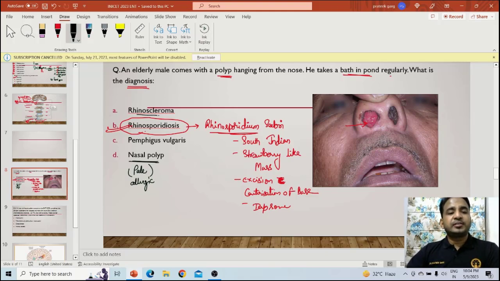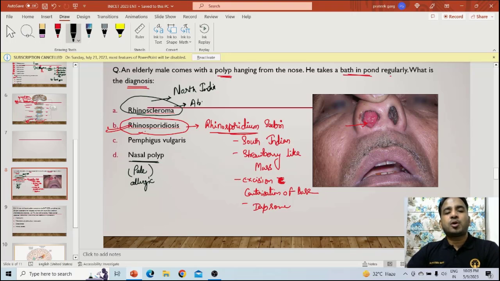Rhinoscleroma, we have studied this. Rhinoscleroma is typically present in North India. It is caused by a bacterium known as Klebsiella rhinoscleromatis, and it has 3 stages.